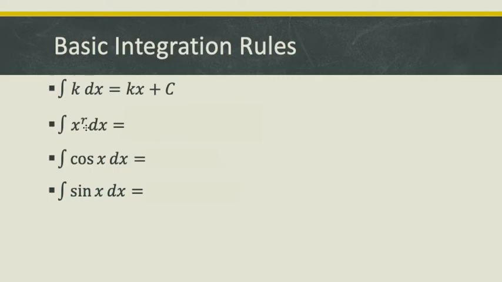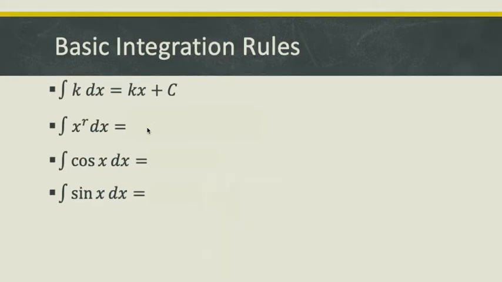All right, now the integral of x raised to some power, where r is going to represent any number. It could be an integer, a fraction, anything like that. Now, if we're doing the opposite of what we had done in derivatives, remember in derivatives, we were taking this exponent, we brought it out front, and then we subtracted by 1.